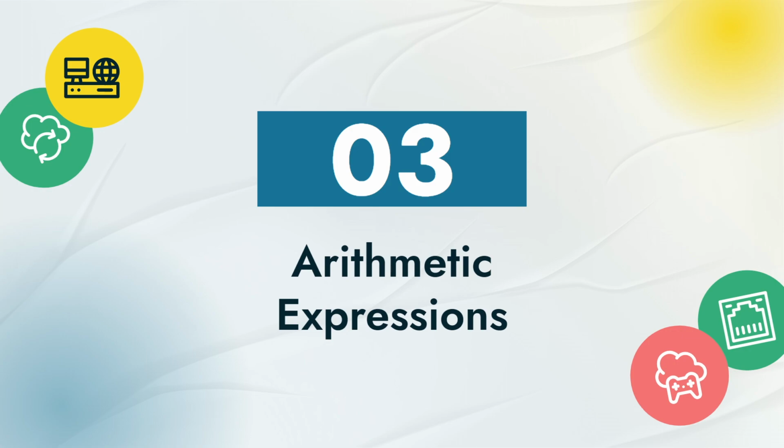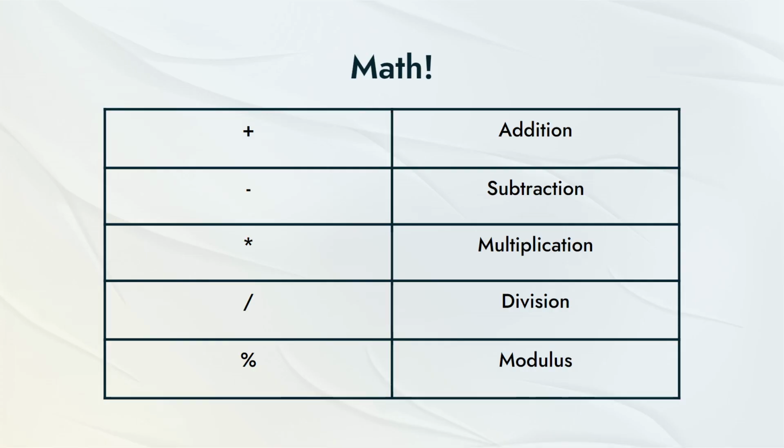Arithmetic expressions. That's the next thing we'll be looking at. So you can actually do math in Java, and similarly to real world, plus means addition, minus means subtraction. We don't really have a cross sign on our keyboard, so asterisk means multiplication, slash means division, and the percent sign means modulus.